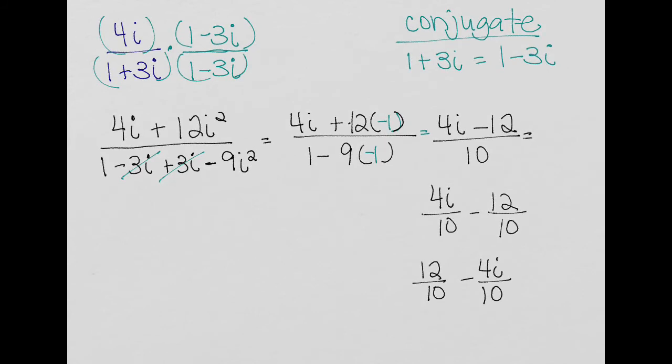And then, oh, that was negative 12. And on these, each of these will reduce. So I'm going to divide them both by 2. 12 divided by 2, 6 fifths and 2 fifths. So they won't always reduce, but on this one we could reduce.